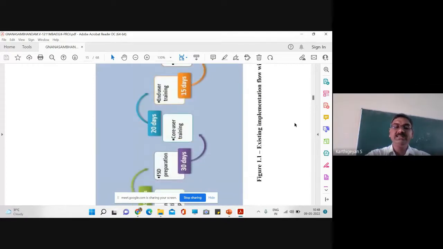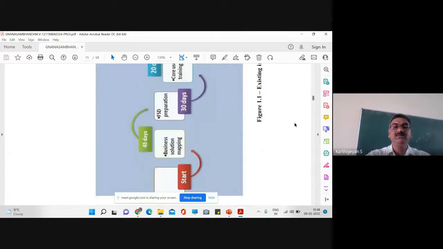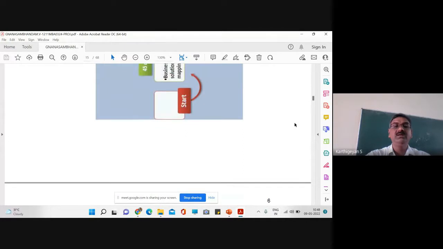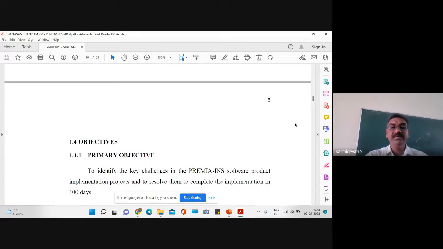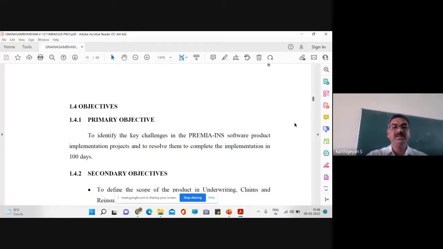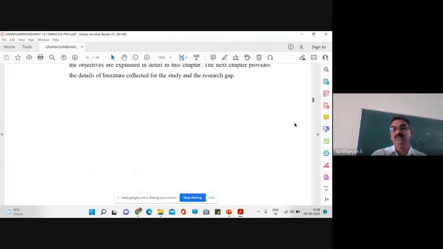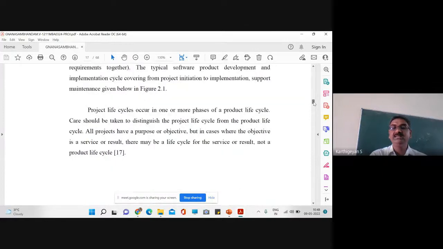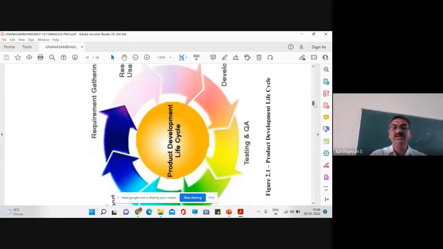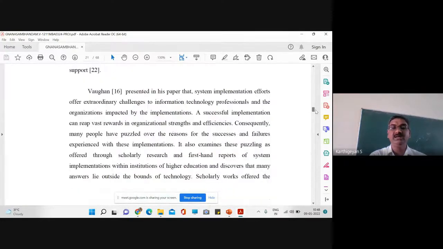So around 170 days are required to complete the task for a particular software development for the insurance sector. But our objective is that it should be reduced. Okay, it should be reduced to 100 days. So using our PERT, I'll go to the methodology straight away. He has done it extensively by doing literature survey and proper research and collecting the data and so on.